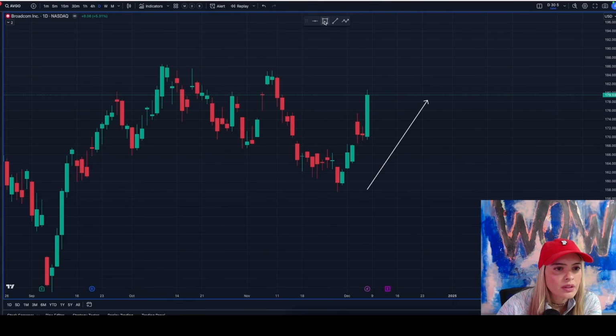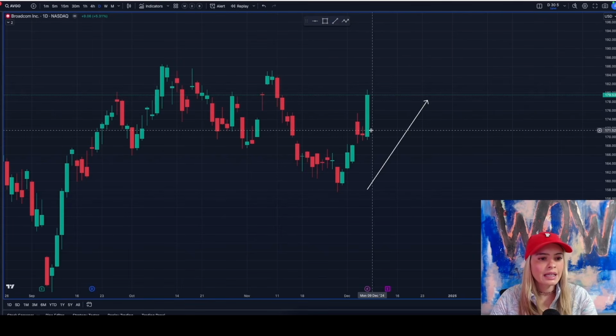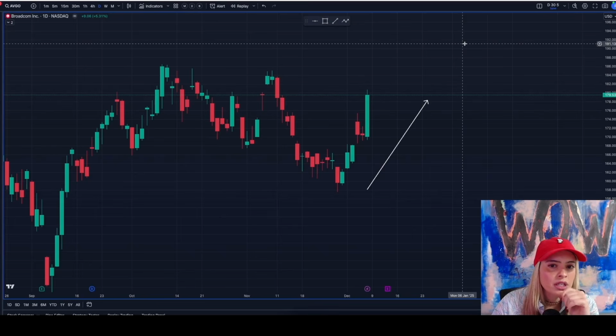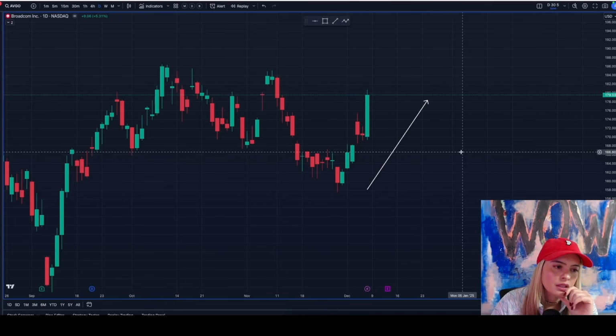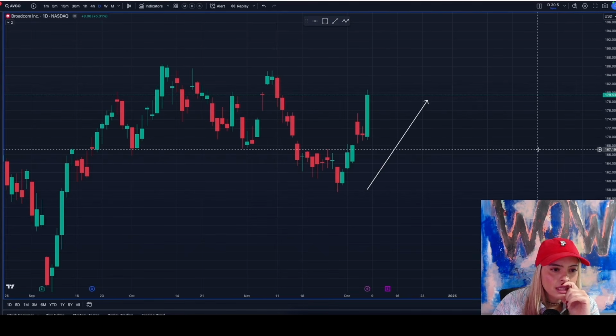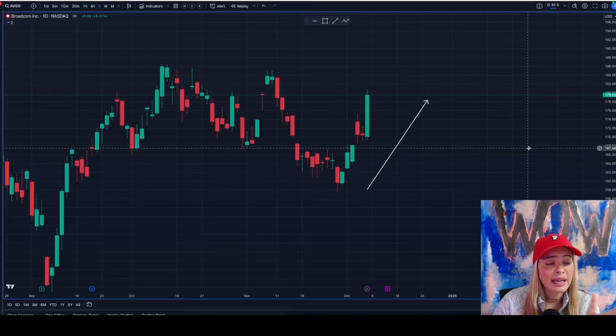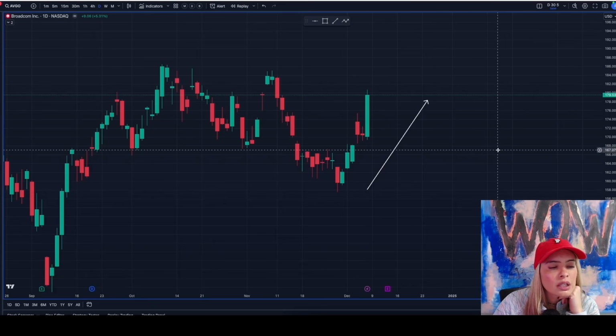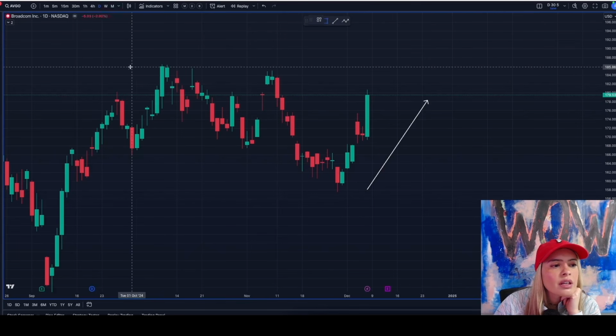Okay. So this is a very strong bullish engulfing candle. Most likely we're gonna have an upside continuation, because that's what happened in the past when we had candles like that. It's not 100% certain, but most likely we have upside continuation.